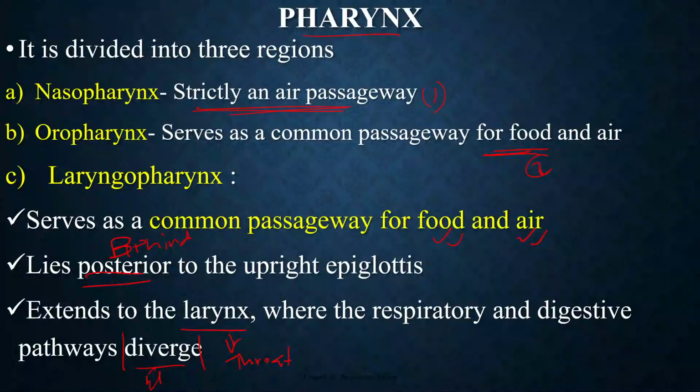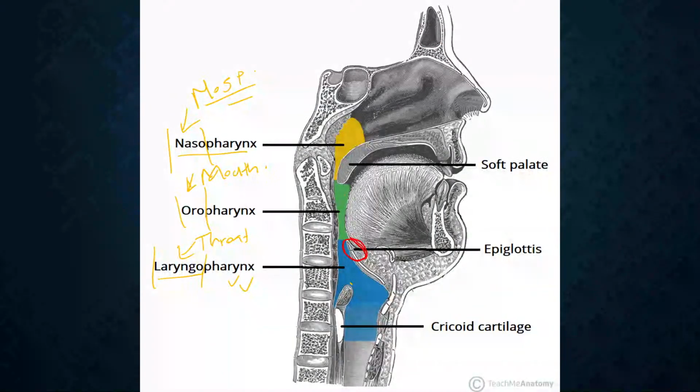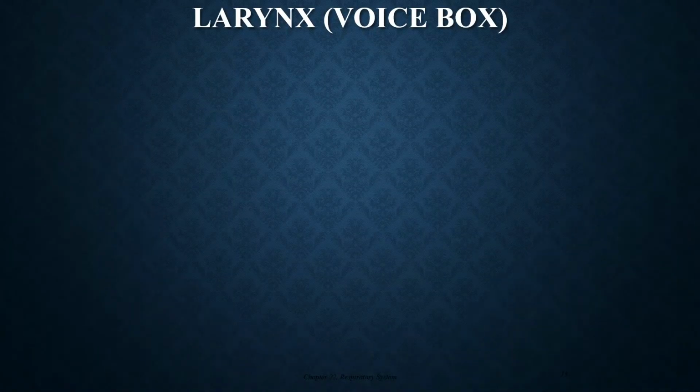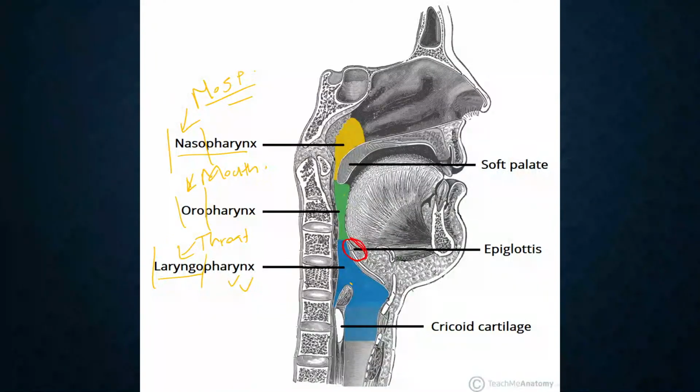So if there's a problem probably with food not going into the right place, then it is the pharynx that you should look at. We'll see that further. So that is the pharynx basically and its functions.